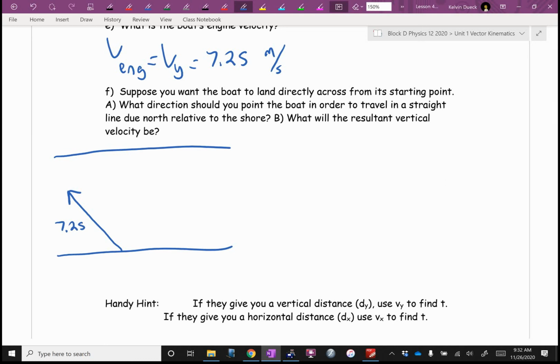The current. How big is the current? And this is V_ng equals 7.25 meters per second.